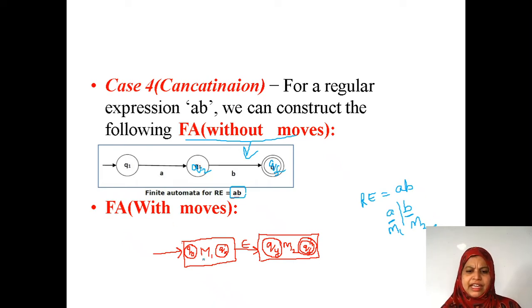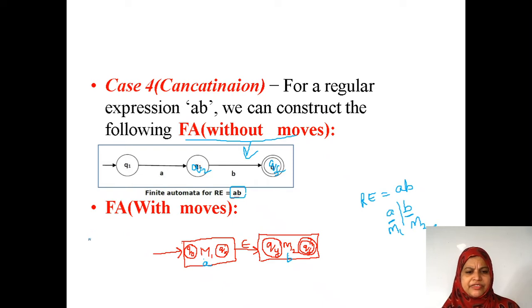So Q naught, M1 means A, then epsilon, then some state QY, meaning Q2, Q3, Q4, whatever it may be, then M2, which is B, then QF. This is the finite automata with epsilon moves.